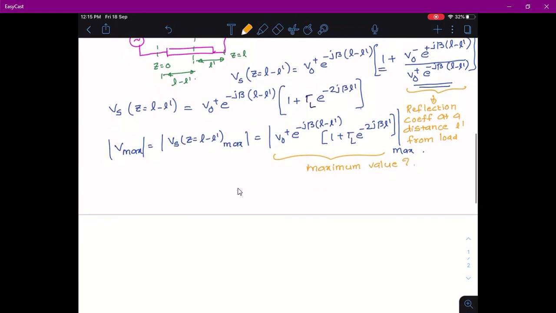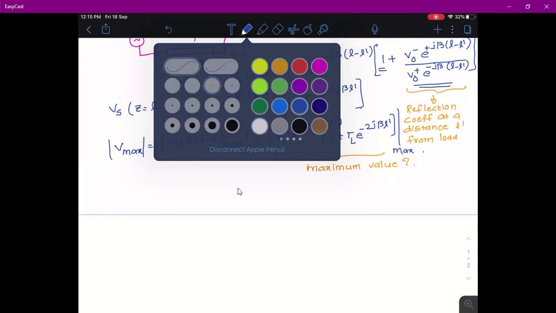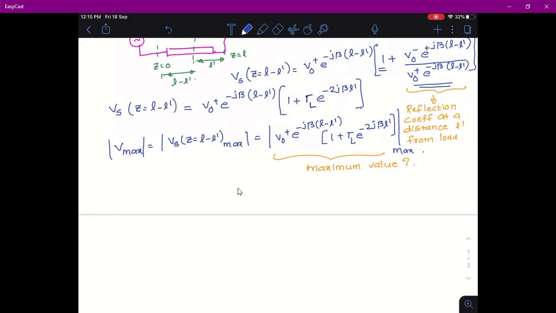Okay. So, let me review some of our complex identities. Because we have e raised to j term, which means it is a complex quantity.